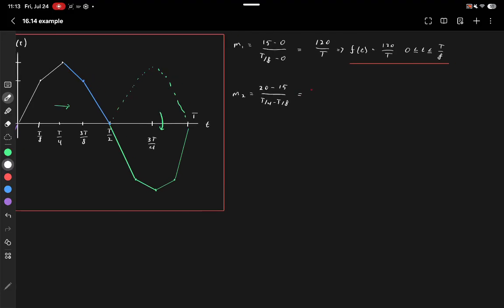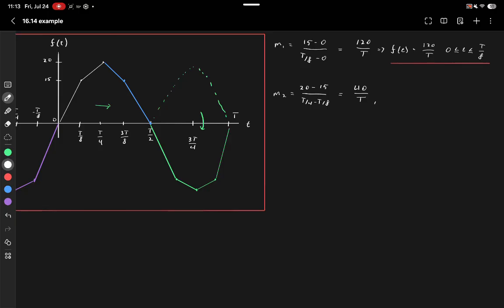And if we evaluate that, I believe we get 40 over big T. And this is where we have to do a little bit more. So, we're going to bring back the one thing that we learned from high school algebra, and that would be y equals mx plus b.